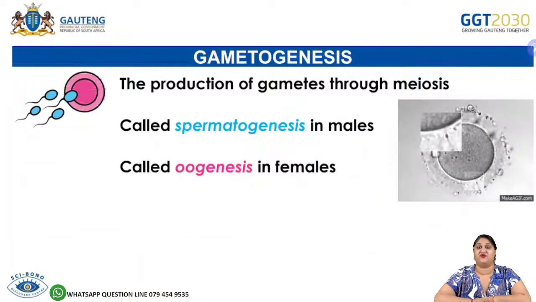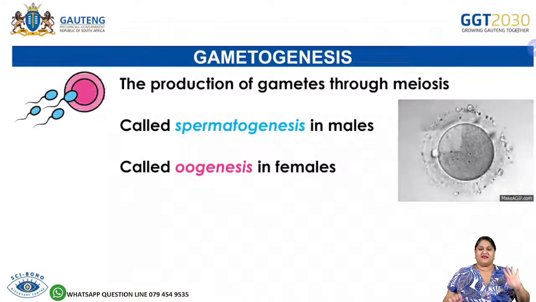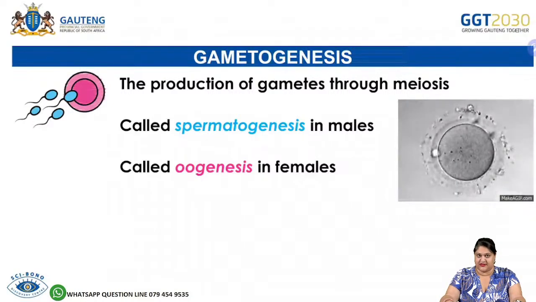And now we move on to gametogenesis. Right, let's unpack this a little bit. Now let's remind ourselves, where are we? You know about meiosis. You know that meiosis is cell division. You know that it's going to halve the diploid number to a haploid, and you know that it's going to be the formation of gametes.